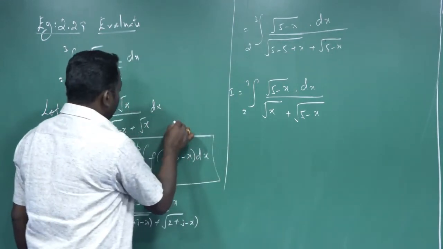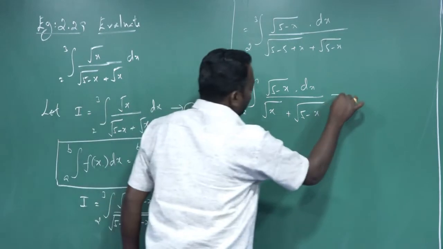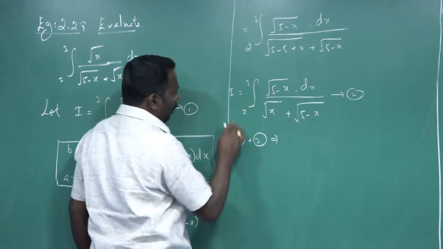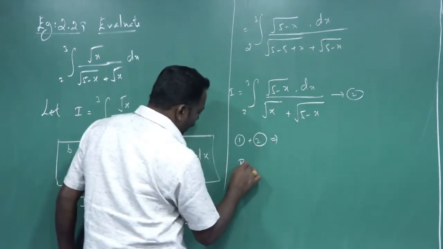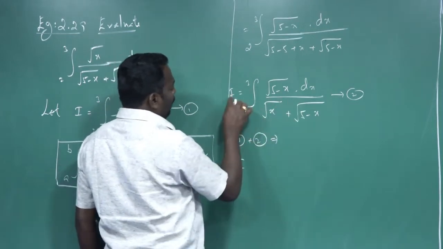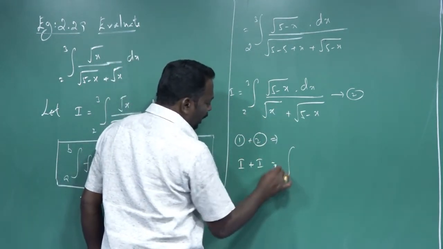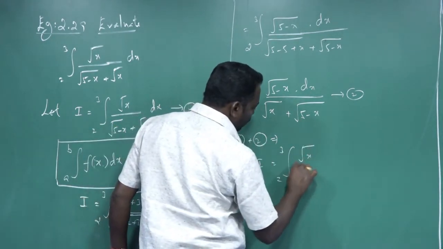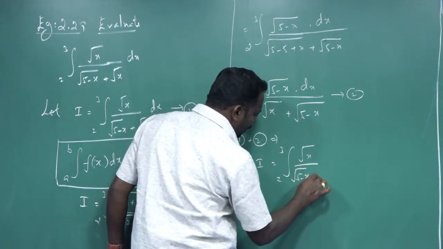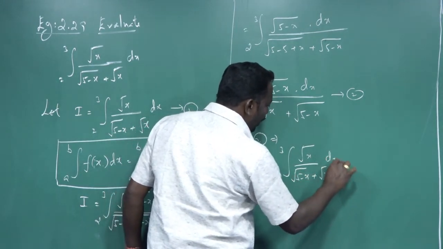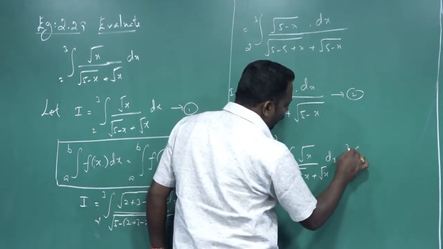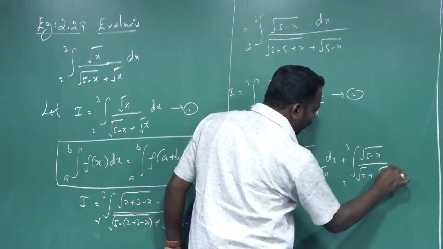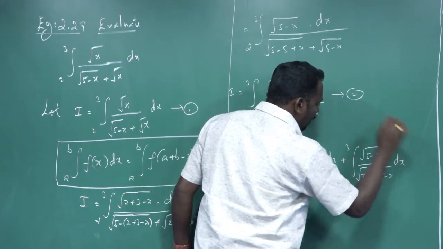Now this equation is called 1 and this equation is called 2. Just add 1 plus 2. The left hand side of equation 1 is I, plus the left hand side of the second equation, which is I. It is equal to the integration from 2 to 3 of the square root of x divided by the square root of 5 minus x plus the square root of x, dx, which is the first equation, plus the integration from 2 to 3 of the square root of 5 minus x divided by the square root of x plus the square root of 5 minus x, dx, which is the second equation.